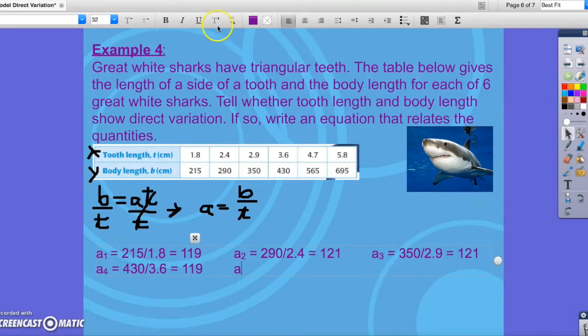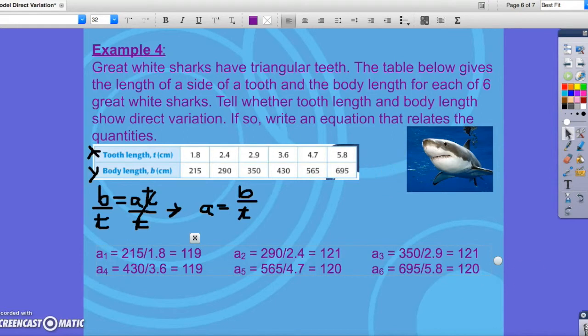A sub 5 equals 565 divided by 4.7, which is about 120. And A sub 6 equals about 695 divided by 5.8, which equals about 120.